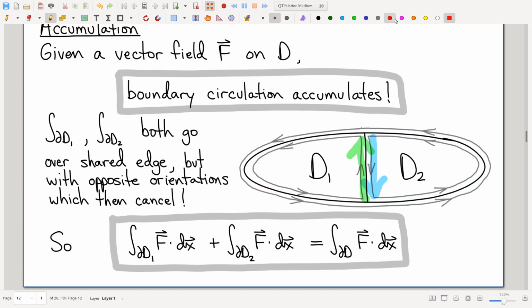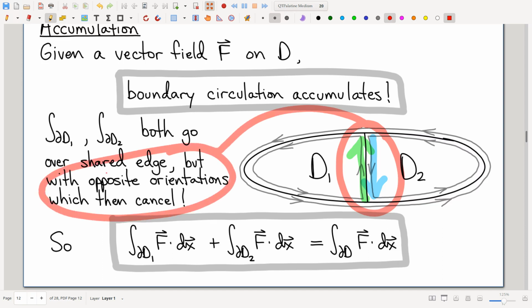But beautifully, here we're talking about the same edge twice, but going opposite directions. Which means the little green piece left over and the little blue piece left over, they're not zero, but they're exact negatives of each other. Which means that they cancel. So it's like they're not even there.